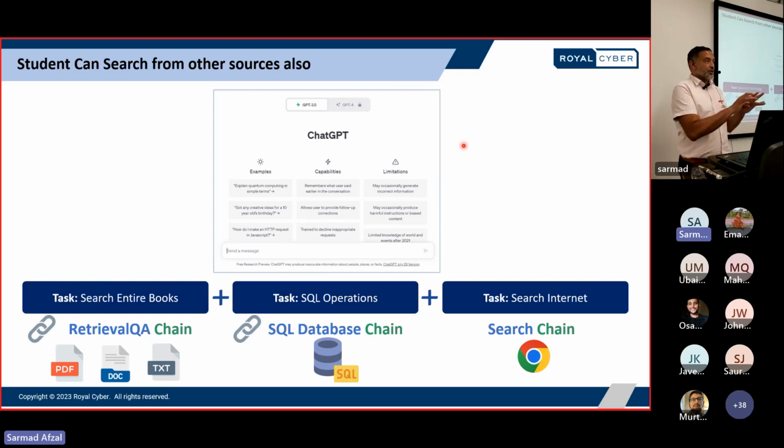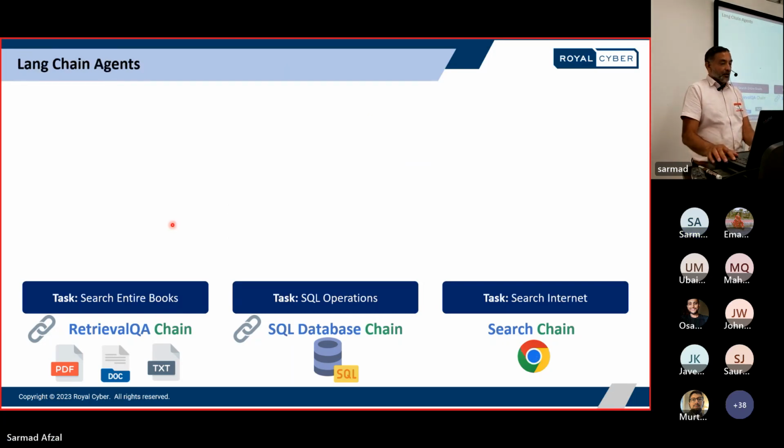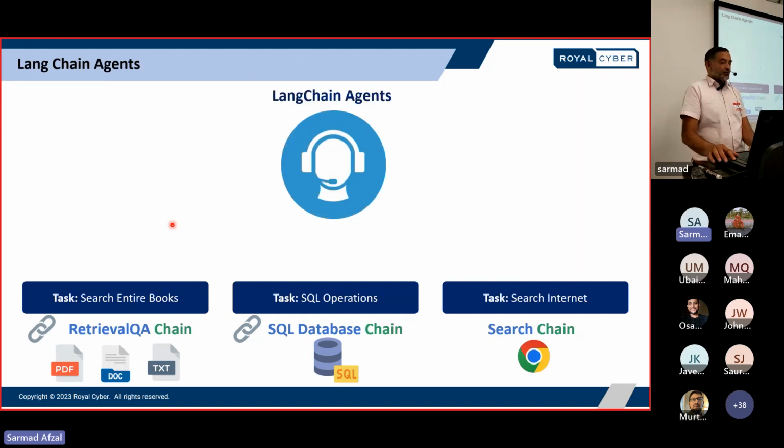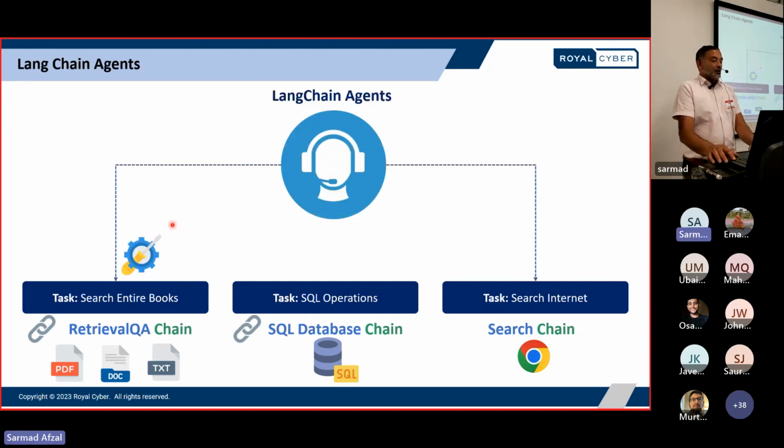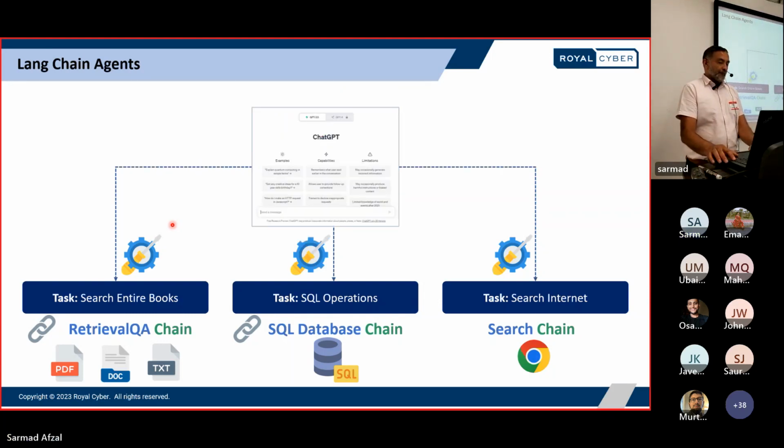So besides searching for a question, you don't want to limit yourself to the PDF, you can use other chains which are available. Okay, and how do you do that? You use a thing which is called agents. So LangChain agents let you use other sources of data for your question.